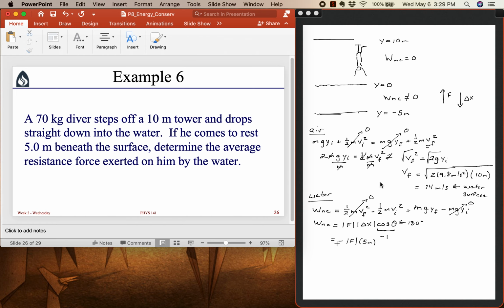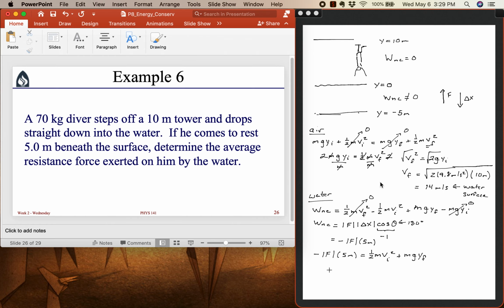Okay, so then I can set these two expressions for the work being done by a non-conservative force equal to each other. So I have minus the amount of resistance force times 5 meters is going to be equal to 1/2 m v initial squared plus m g y final. And the thing that I want to find is the amount of force.